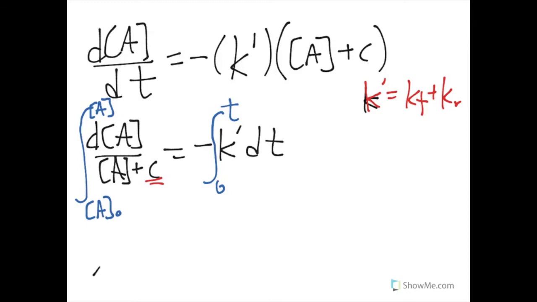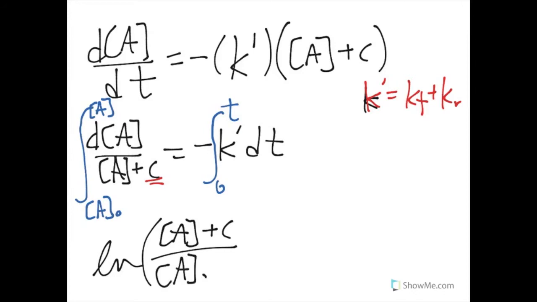So we end up with a solution that is the natural log of A plus C over A naught plus C equal to minus K prime t. And we can exponentiate both sides.